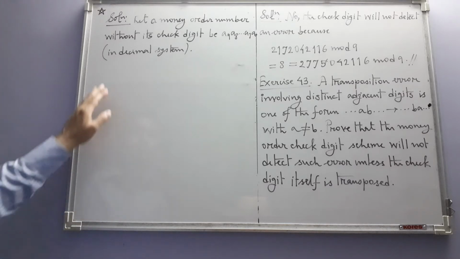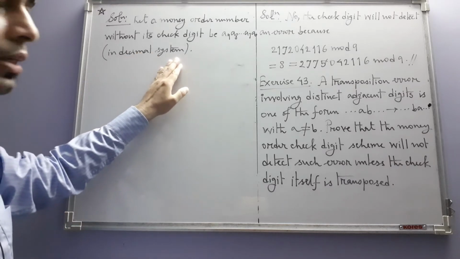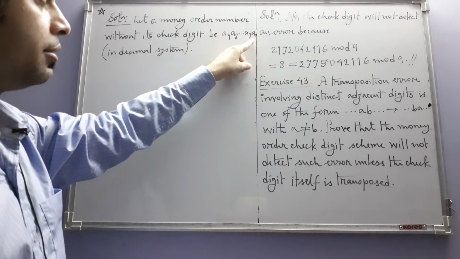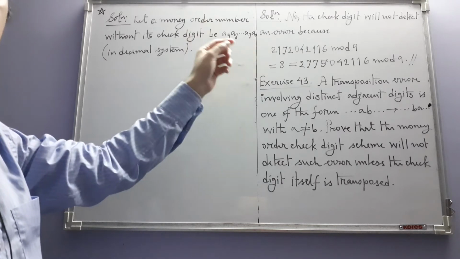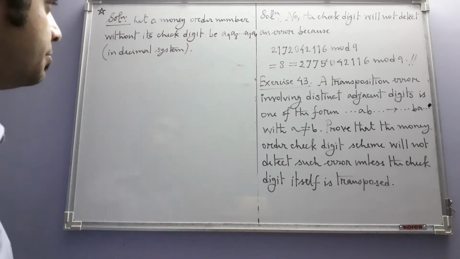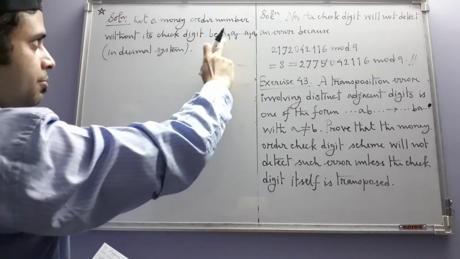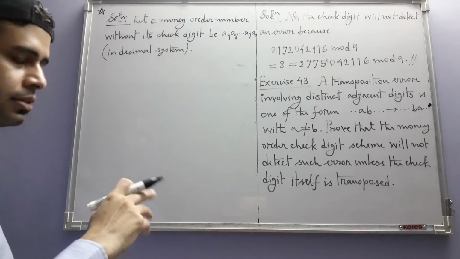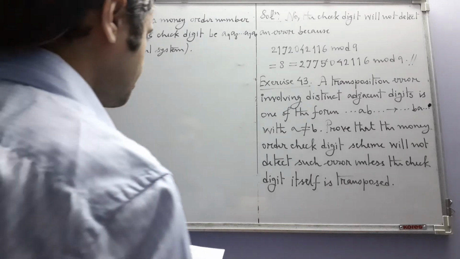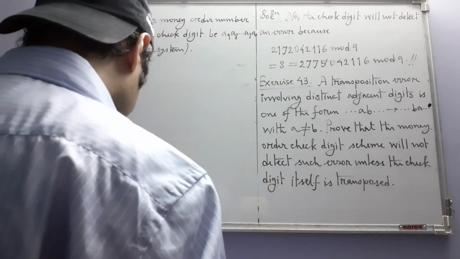So when we say written in decimal system, it means that these are decimal digits from 0 through 9. Had they been in binary system, each Ai would be either 0 or 1.